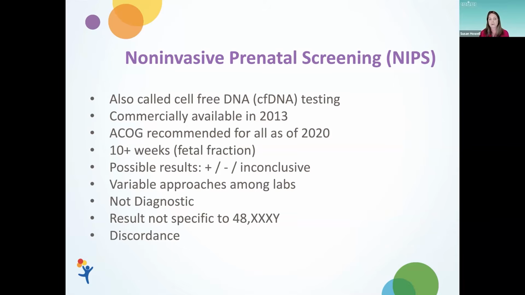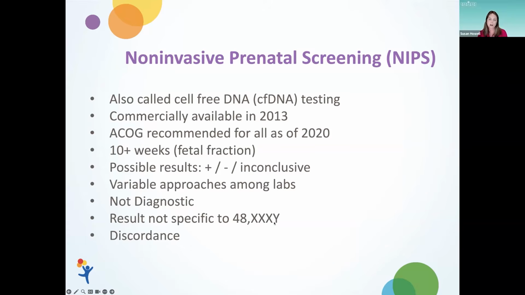And there's a lot of different approaches around how this technology is utilized based on the lab. It's not a diagnostic test. So this test is a screening test that shows an increased risk potentially of a condition. But what we've seen in the patients that we've followed with 3XY is it's really not a result that's validated by most of these labs.